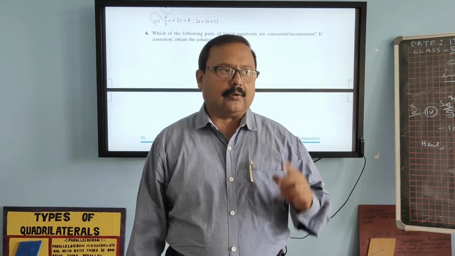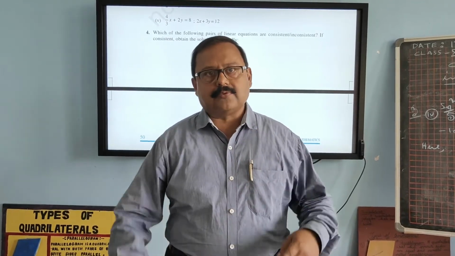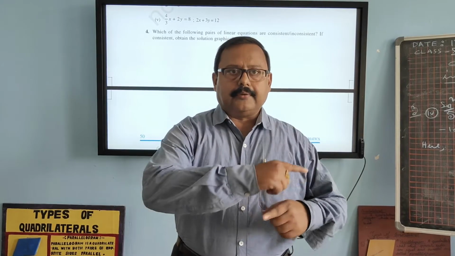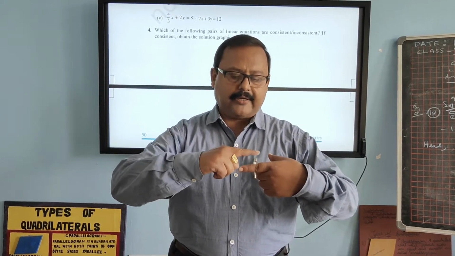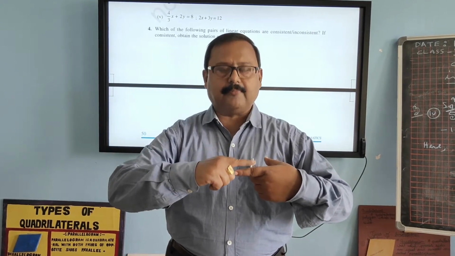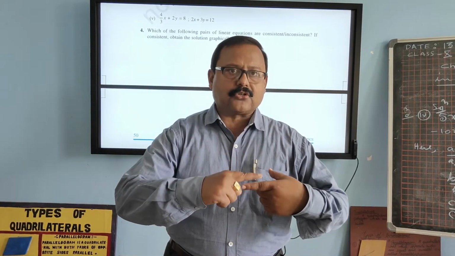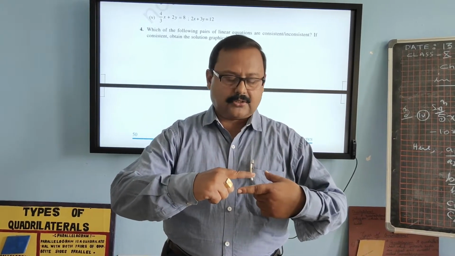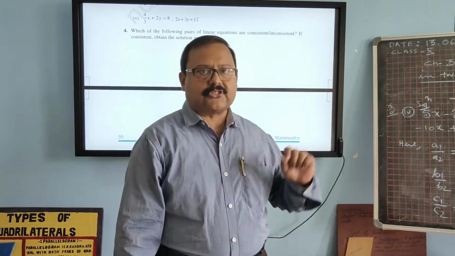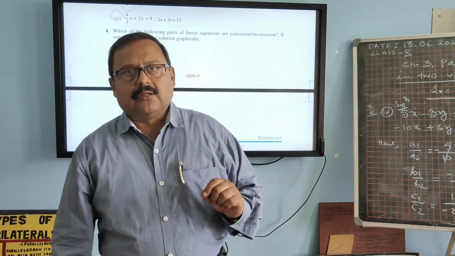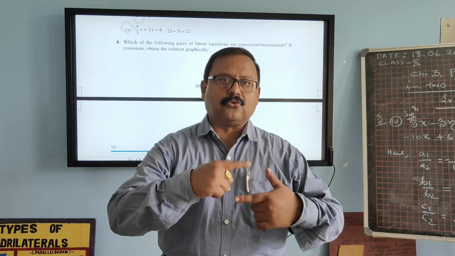One graph intersects at a point, and another graph will be coincident, intersecting at infinitely many points, so that we get one unique solution or infinitely many solutions. And the other one is inconsistent. Inconsistent means there will be parallel lines and no solution.